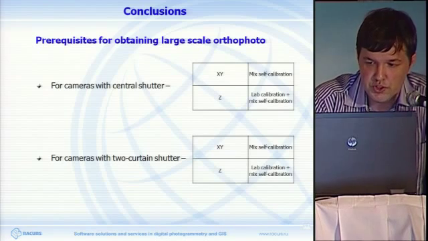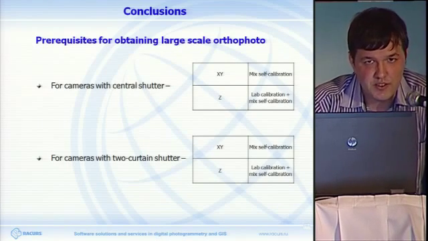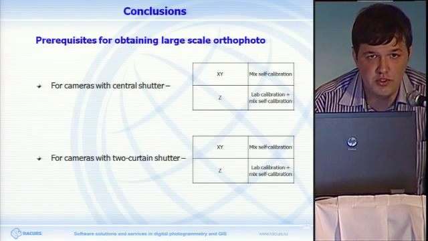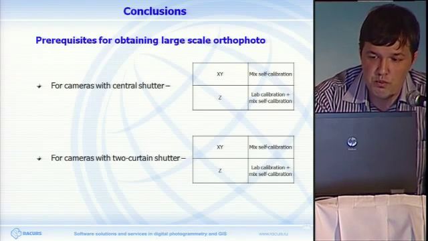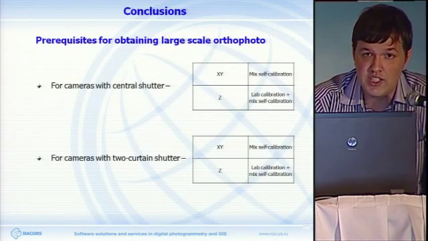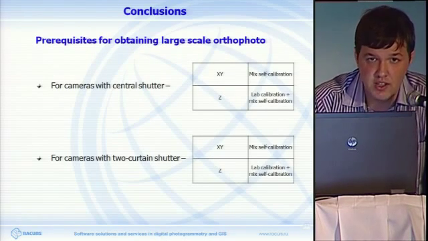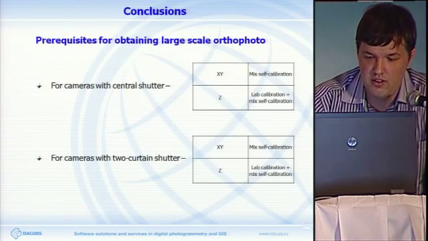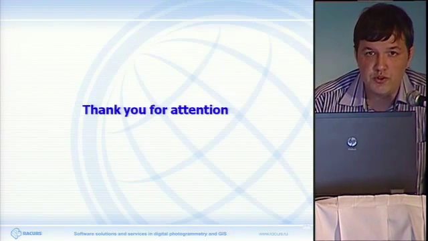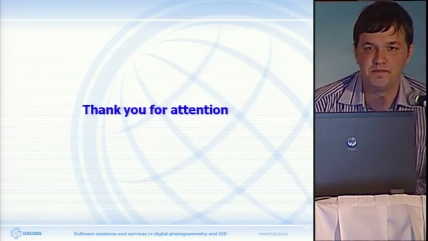It means that for plane mistakes, we can try to use software self-calibration, but lab calibration is always needed as a first approximation. That's all I have. Thank you very much.